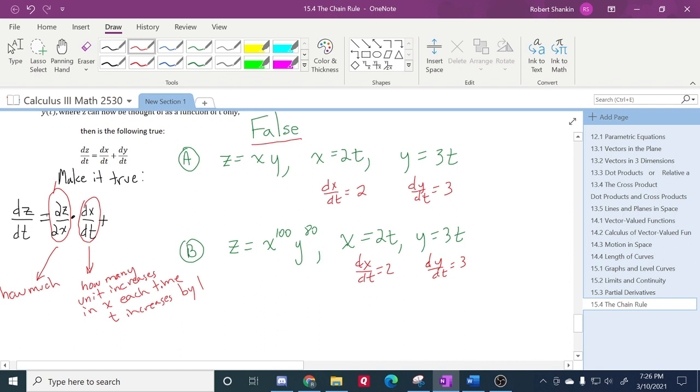If we think of z as the height above the xy plane, how much the height changes each time x increases by 1. But that's going to happen twice.